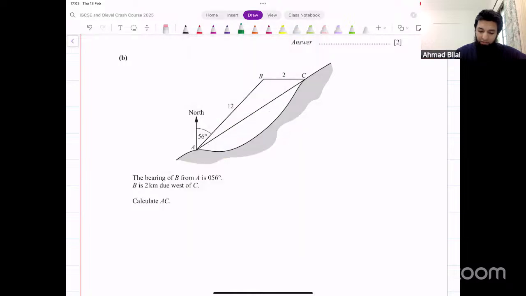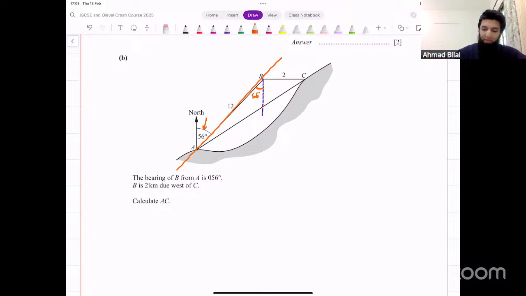This is the vertical line that we have at point A. If I were to draw a vertical line at the point B like this, this north and this north are parallel lines to each other. If this angle is 56, what does that mean for this angle here? This is also going to be 56.